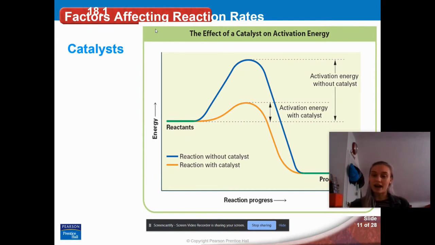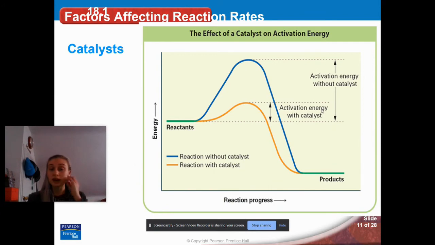And so finally, we have what's called the catalyst. So we have the catalyst. And if you remember from biology, catalysts help reactions occur. Okay? So biological catalysts help things occur. Like in our digestive system, catalysts help us break down food more easily.